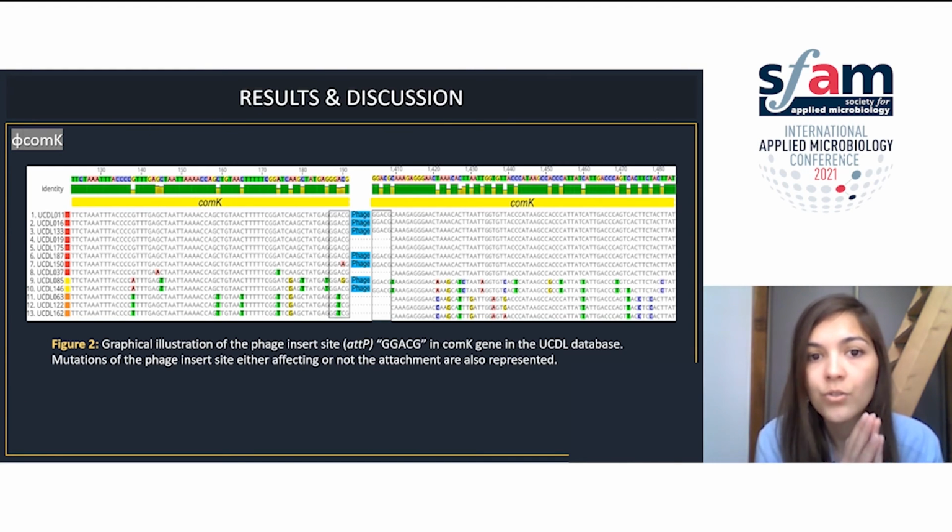However, I'd like to draw your attention to a particular point of interest. As you can see in this figure, the Listeria welshimeri isolates had no comK phage insert, and after further comparative genomic analysis, we found that Listeria welshimeri isolates have a mutation in their attB site.